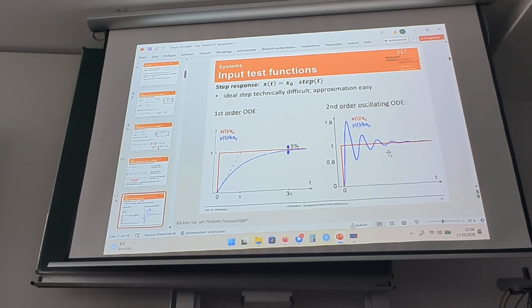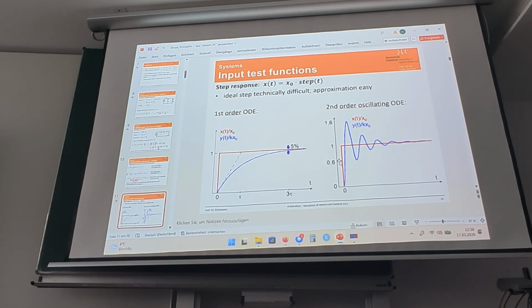And it's a damped oscillation, which has to do with the damping D. So in this case, the resistor, for example, is responsible for the damping, and you will also get a damped oscillation. Okay, that's one possibility to test a system and see is it first order, second order. You can also see higher orders. But technically it might be difficult to implement a perfect step at the input.